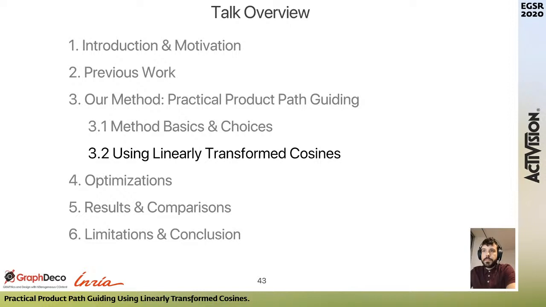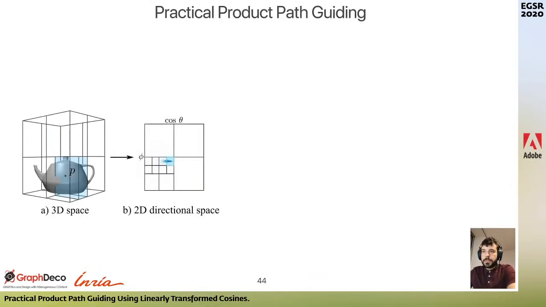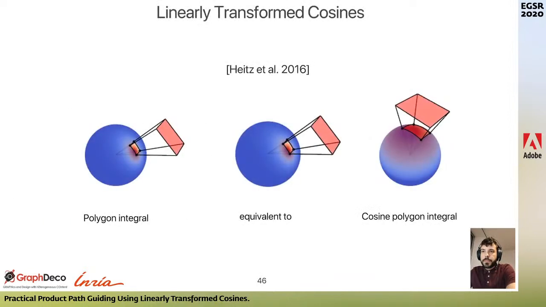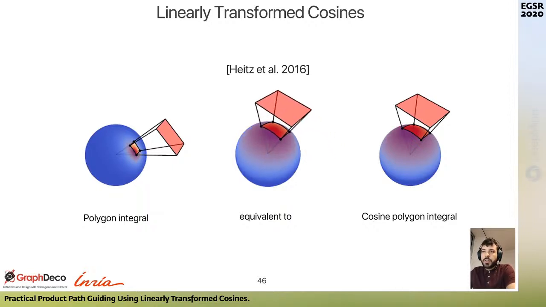So let's see how we efficiently compute the integrated BSDF value. Our choice is motivated by the fact that a node of the quadtree is a spherical polygon in the sphere of directions. A very efficient method for computing shading integrals over spherical polygons is the method from Heitz and colleagues named linearly transformed cosines.